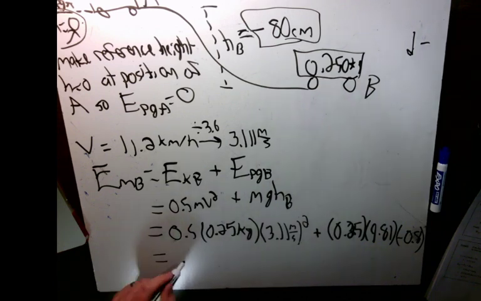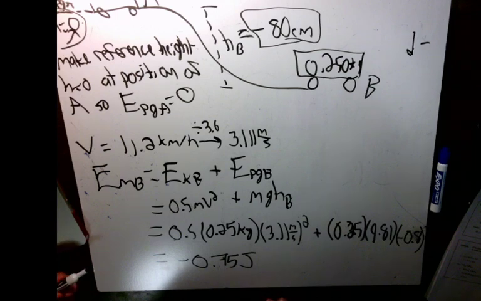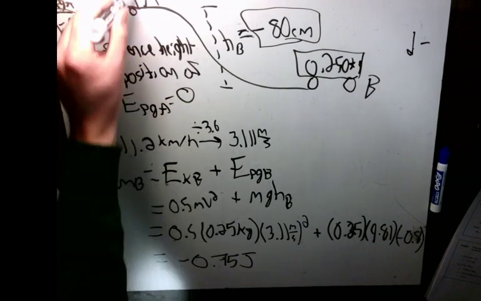And this actually comes out as negative 0.75 joules. So the mechanical energy at B is negative because we're losing our potential gravitational energy, and we're not gaining any kinetic energy because we're at a constant speed.